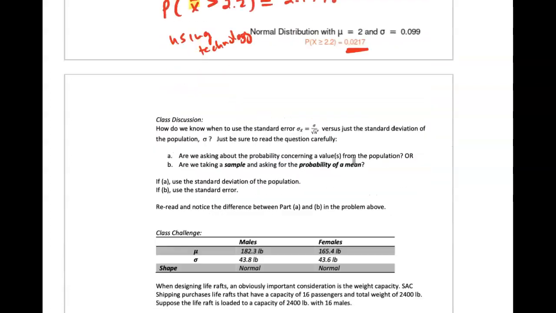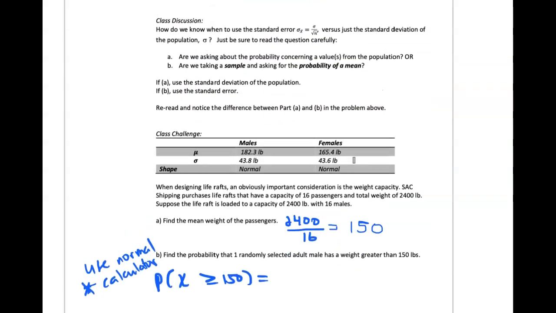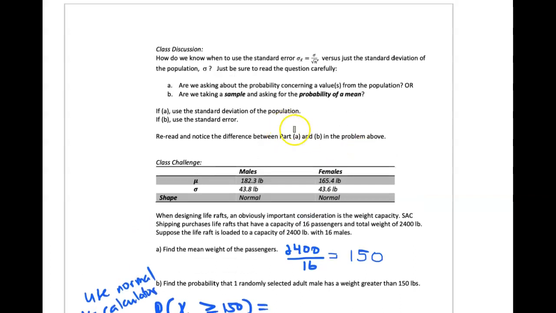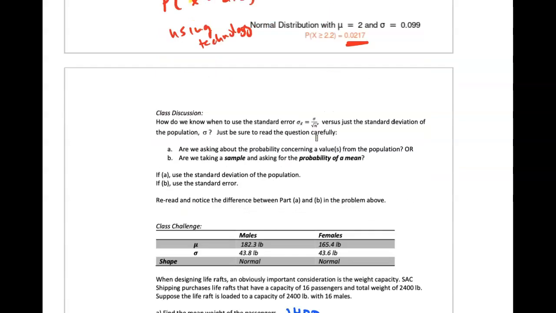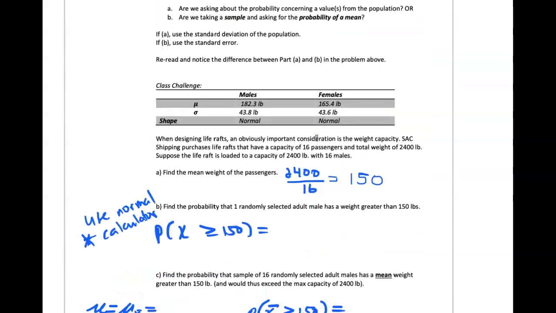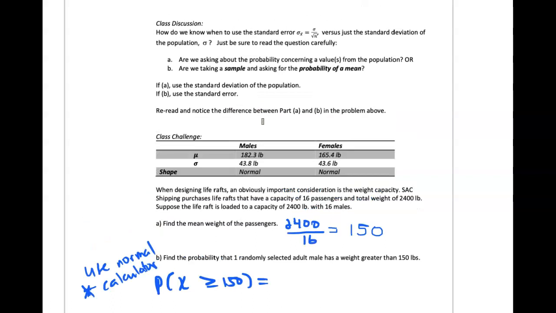Okay? Now, let's finish this video looking at a sample problem, again, in addition to this one that you'll look at in the video online. Here's a scenario where you have the mean weights of males and females, and standard deviations. The shapes are normal for the population, okay?